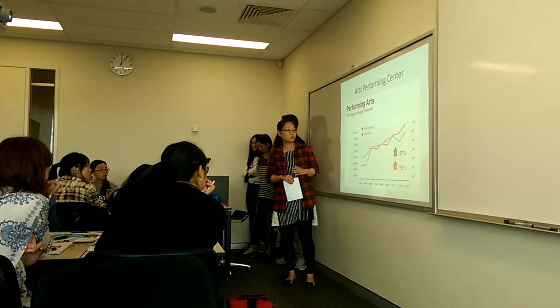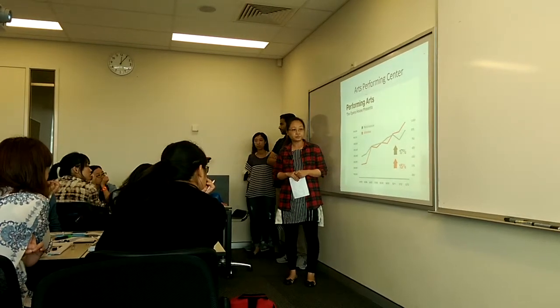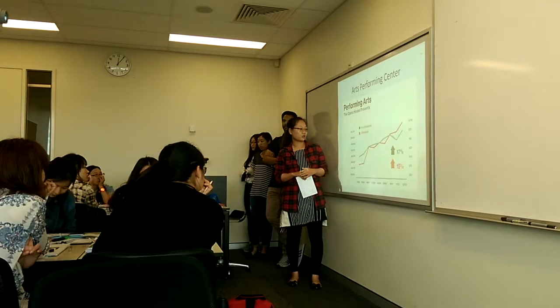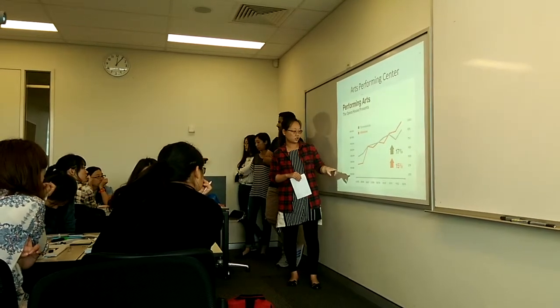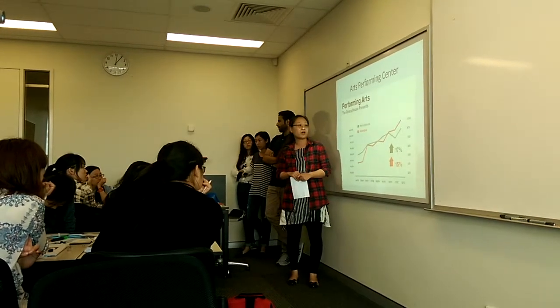As we can see, overall the numbers of performances and attendees are increasing. Now we can look at the attendees. It stood at around 170,000 in the period between 2004 and 2005.